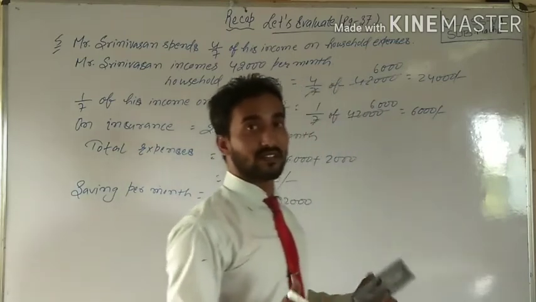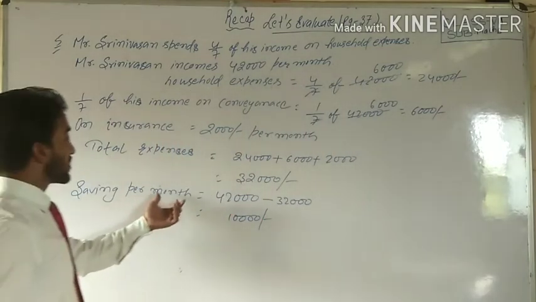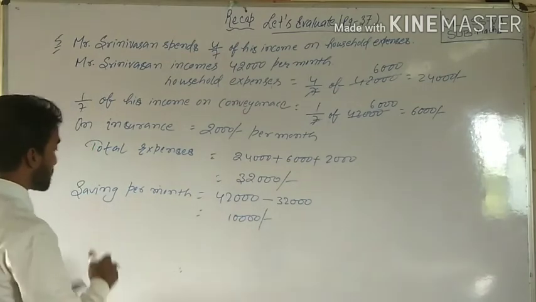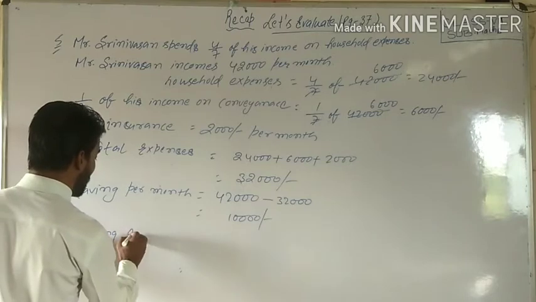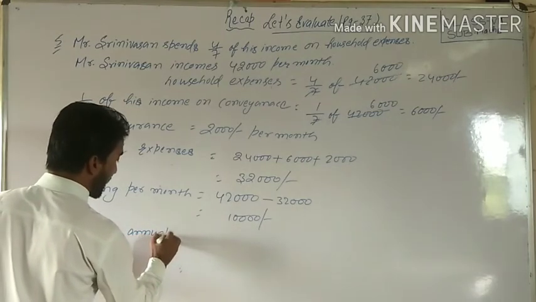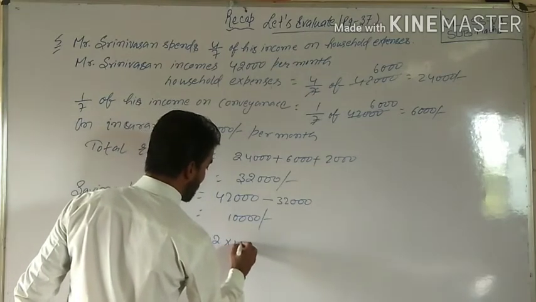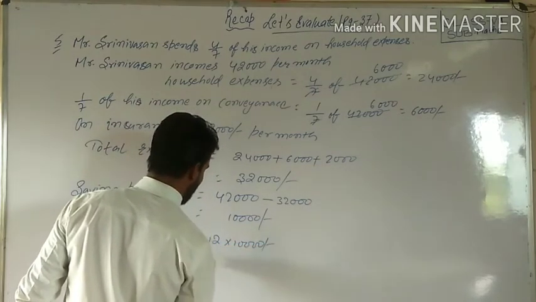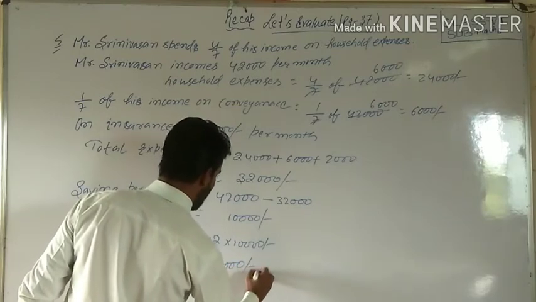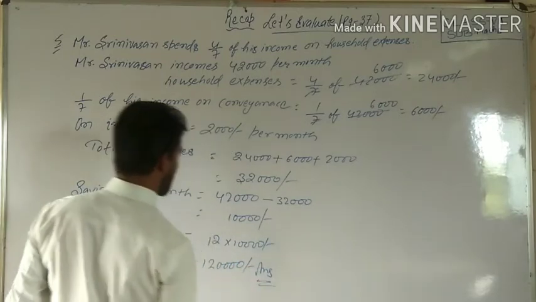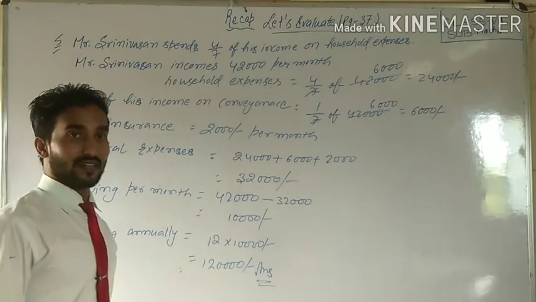Annually means in a year, and a year means 12 months. If he is saving 10,000 per month, then savings annually is 12 into 10,000, resulting in 1,20,000. Okay students, it is the answer: 1,20,000 he is saving in a year.